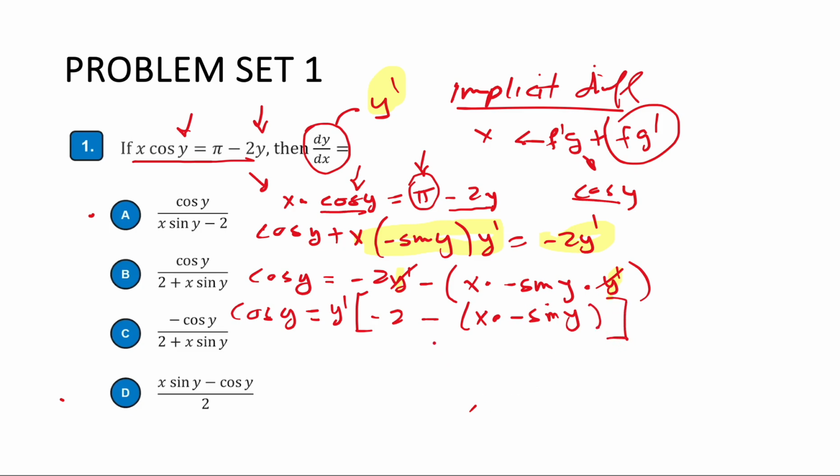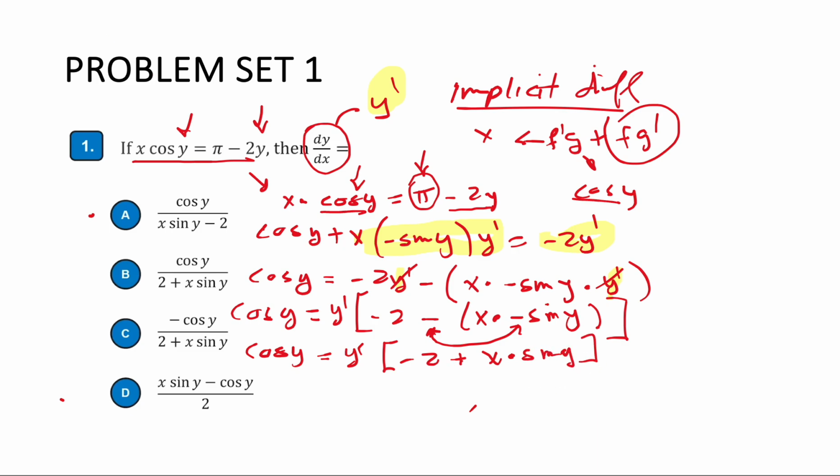Okay, something else to notice, this negative and this subtraction sign, they're going to interact and produce a positive. So at the end of the day, I have cosine of y equal to y prime, open parentheses, and now we have negative 2 plus x times sine of y, all right?